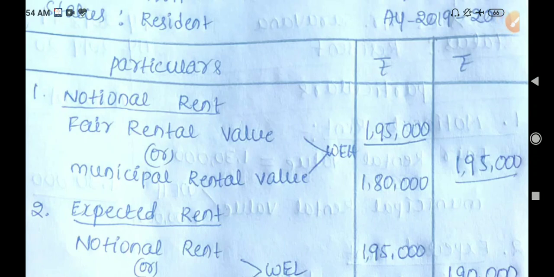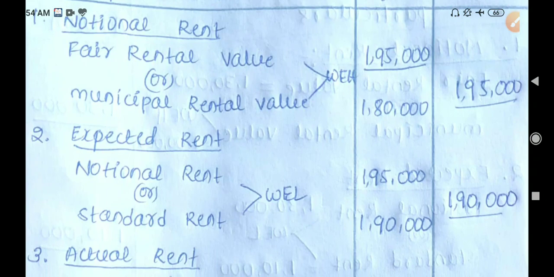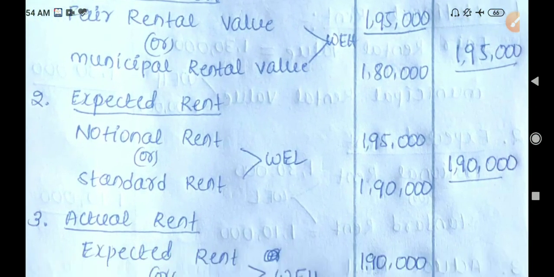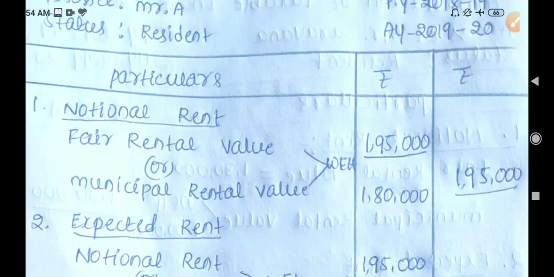Okay, so here first we need to calculate gross annual value. In order to calculate gross annual value, there are 3 steps. One is notional rent, second is expected rent, and third is actual rent. Let me explain step number 1, that is notional rent.